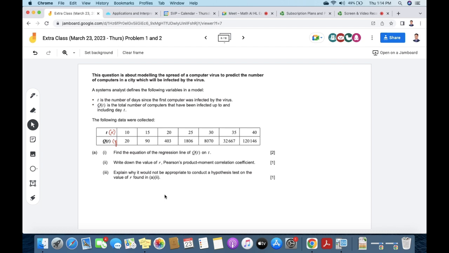We're using here q of t is equal to 3094.28t minus 54042.39. So this is now our linear regression. Do you follow?